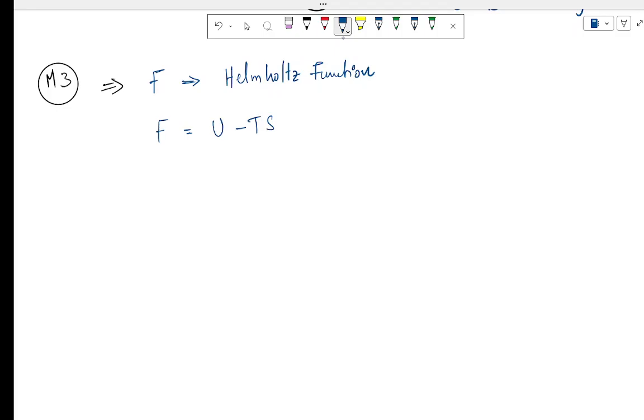So you take the expression of this U minus TS, this will be a property in thermodynamics. So you have given it a name called F. Someone named Helmholtz actually found out this. He has discovered this. That's why it is called Helmholtz function. So F is equal to U minus TS is the definition for the Helmholtz function.